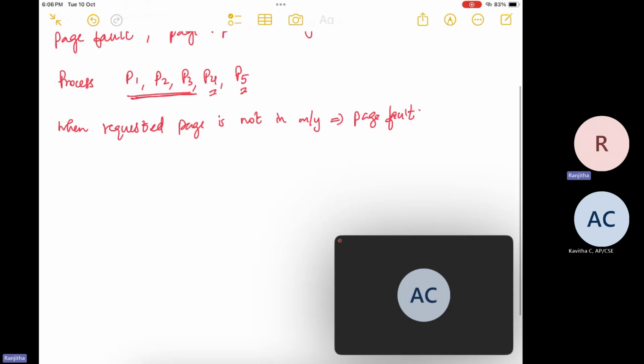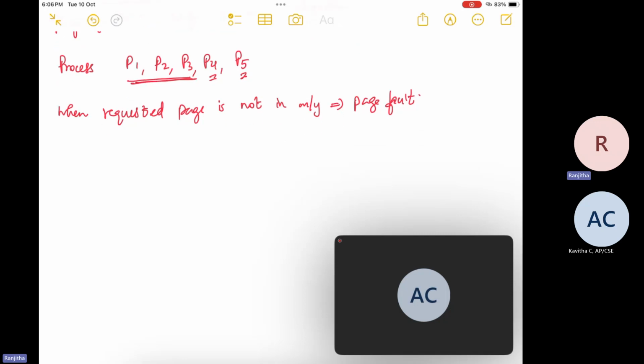So there are a couple of steps that happen before this. When a requested page is not in memory, a page fault occurs.